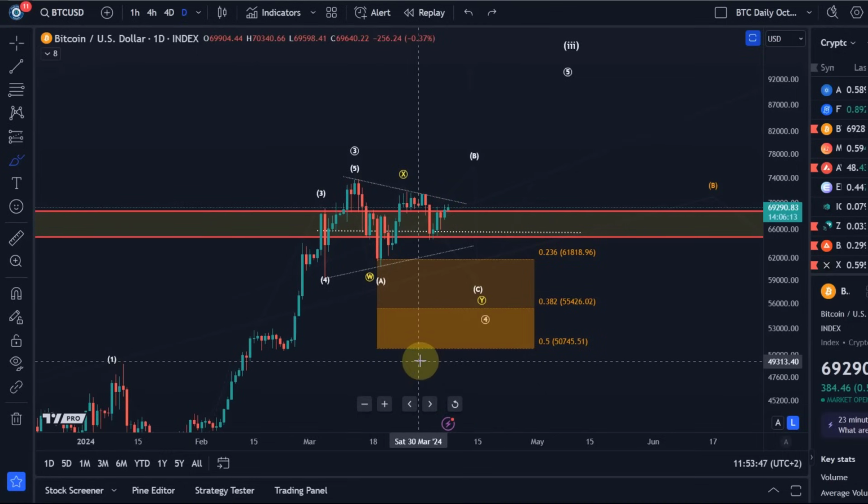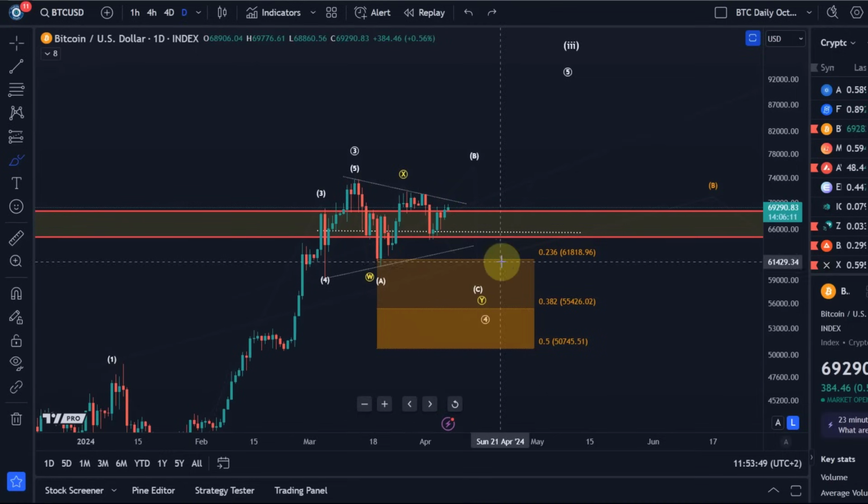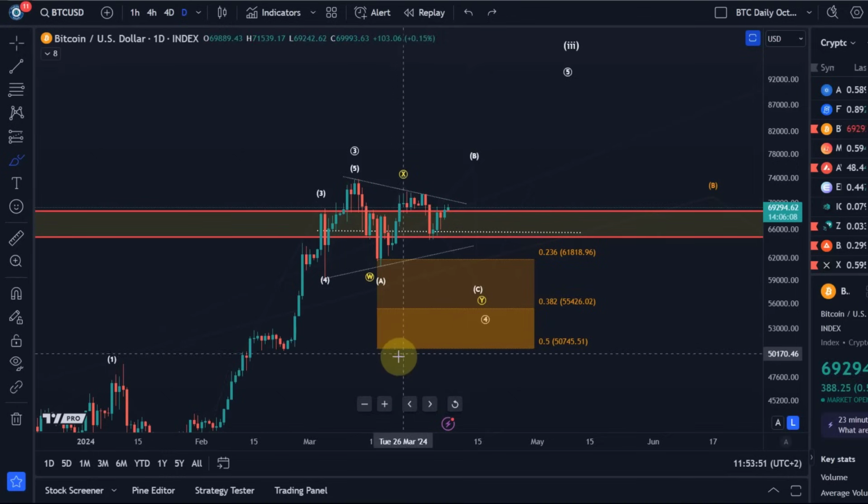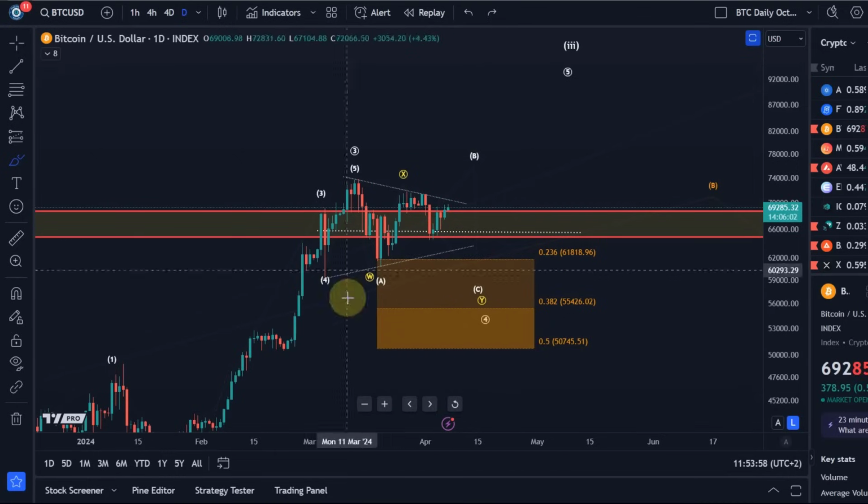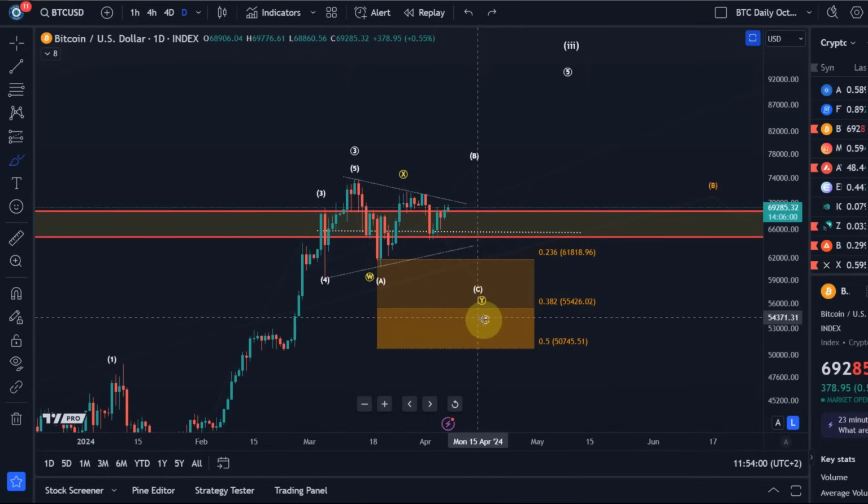Essentially, I think it's helpful to view these corrective structures as ranges. We have very clear range parameters. We have a resistance area on the smaller time frame, and we have a support area here on the daily time frame as well, also on the shorter time frames. And support is 61.8K, 55.4K and 50.7K.